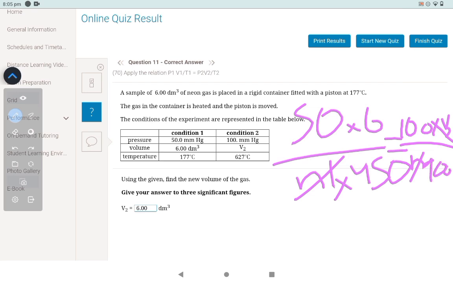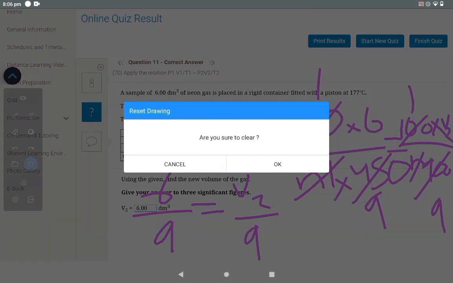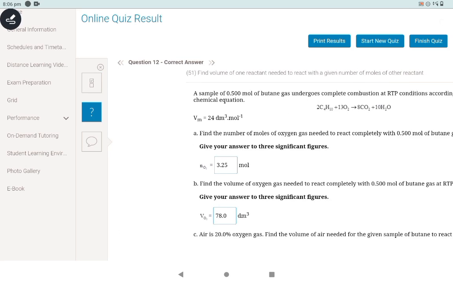We cancel out 100 and 50, and 450 and 900. So 6 over 9 is equal to V2 over 9. So V2 is the same as V1, which is 6.00.